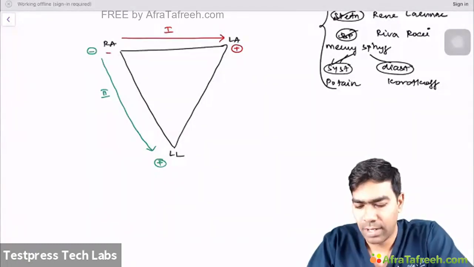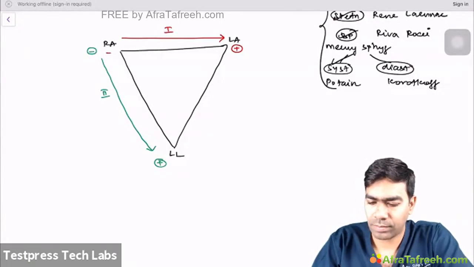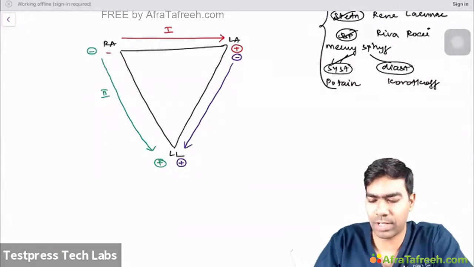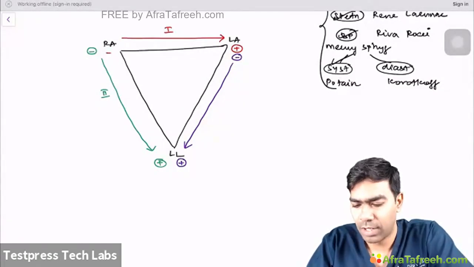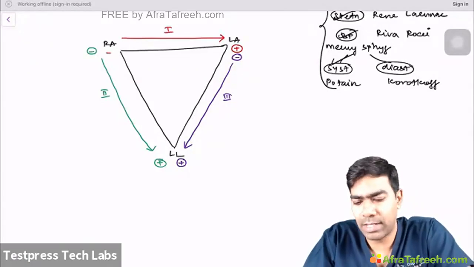We know that. And if you assume the left arm as negative now and the left leg as positive, the current is going to flow like this from negative to positive. So this will be called lead number 3. So these are basically Einthoven's leads.